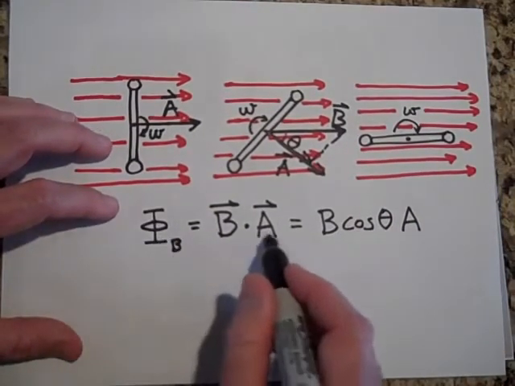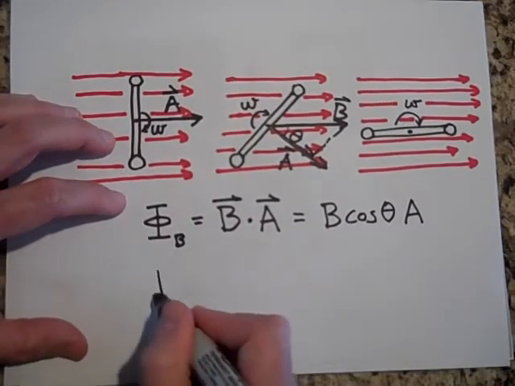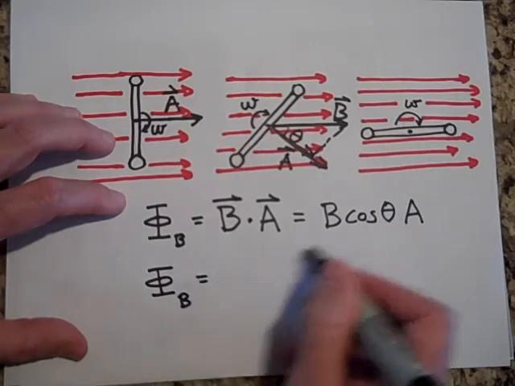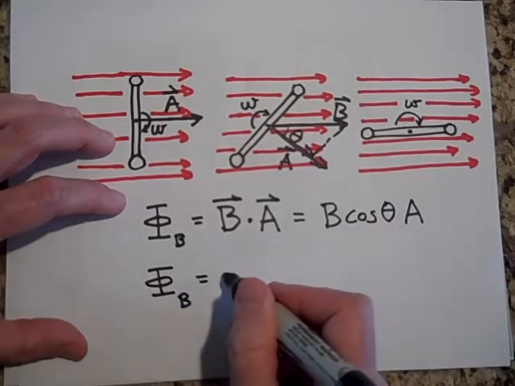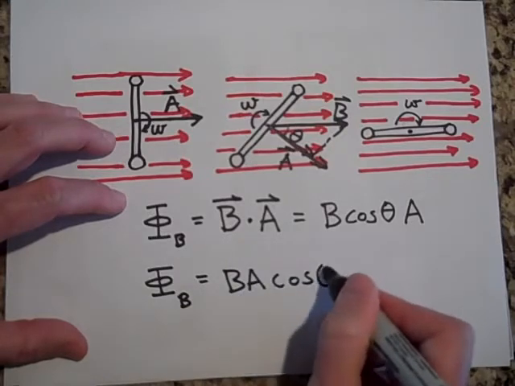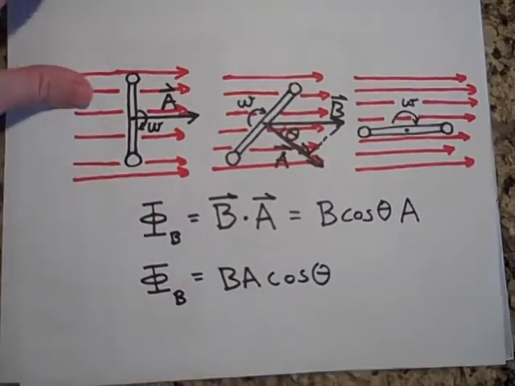Remember that this is a scalar quantity. So what we're going to take from this sheet is that the magnetic flux is just going to be B times A times the cosine of theta. It's the theta that's changing.